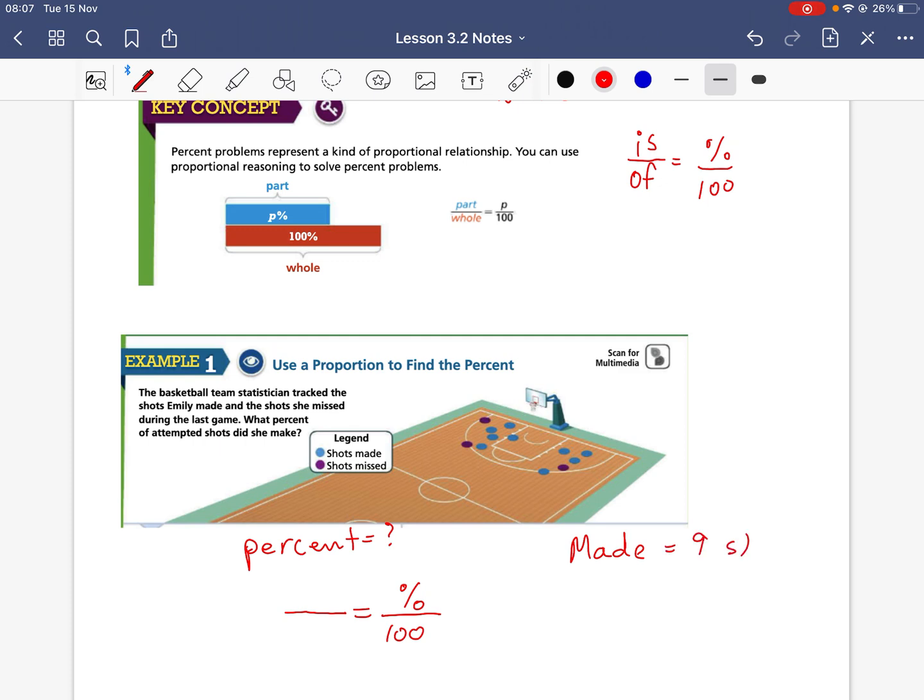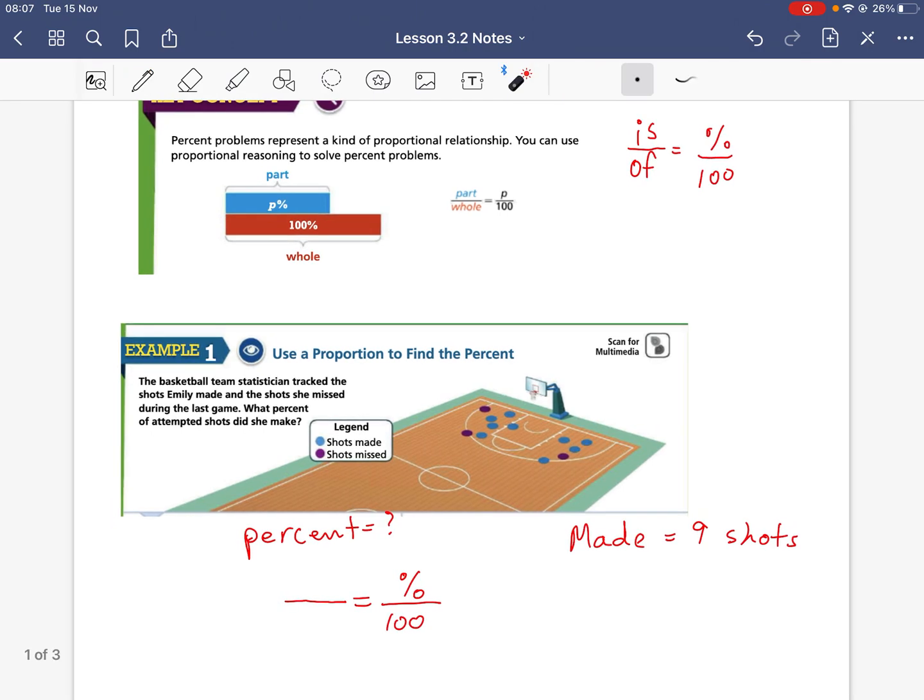How many shots did she miss? She missed a total of 1, 2, 3. So she missed 3 shots.